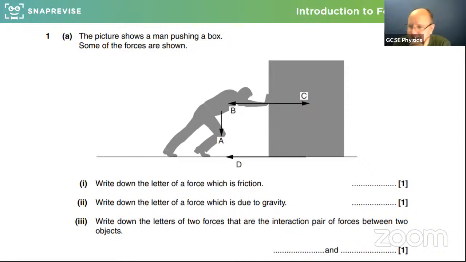We've got 3 D's and an A, another D. Okay, in this case, the clue is that it's normally shown at the junction between two surfaces. So friction is D. Okay, friction is a contact force that happens where two surfaces are in contact. Write down the letter of the force due to gravity. So gravity now we're looking at.